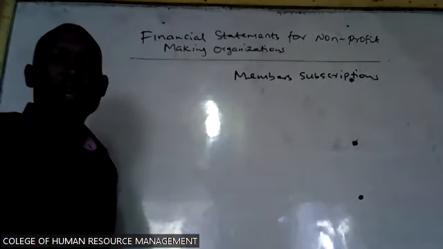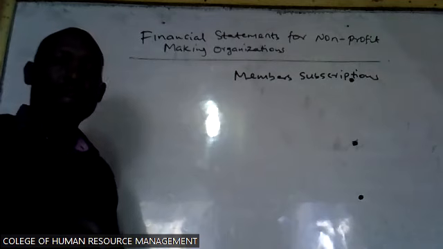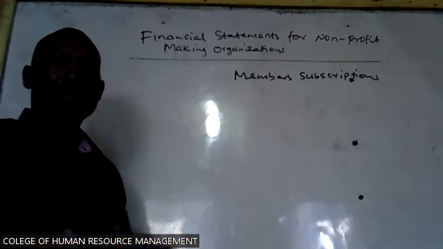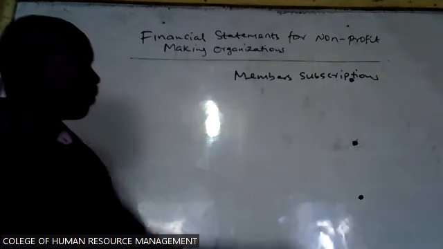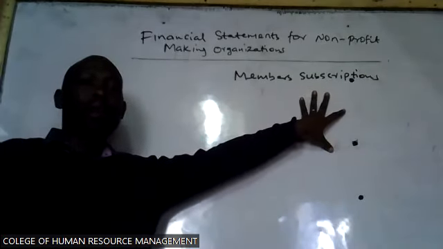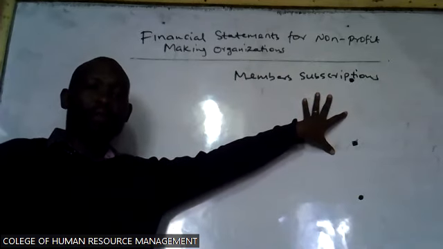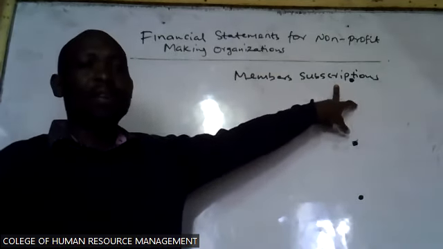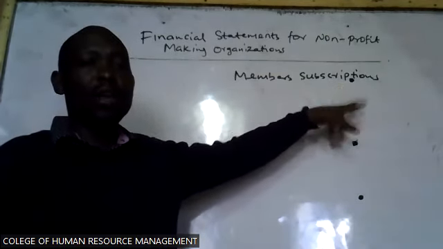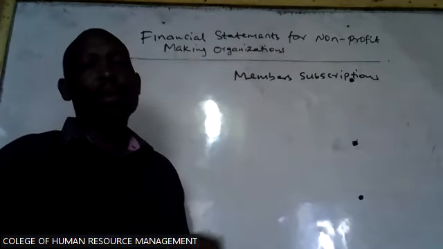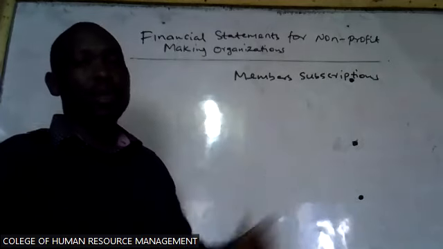Each and every year, especially for the clubs, I know you have come across the members club, the golf clubs and things like that, the members are supposed to update their subscription. They are supposed to renew their membership by paying a subscription amount.